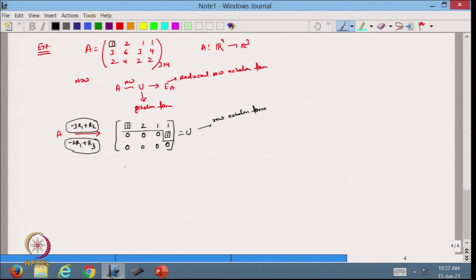From here I can also say that the rank of A is equal to 2, which is equal to the number of non-zero rows.